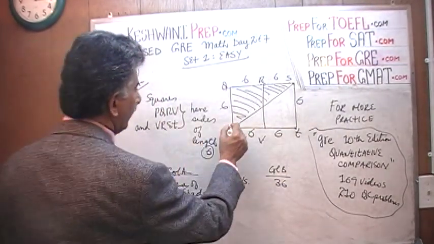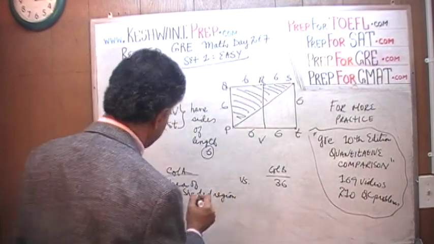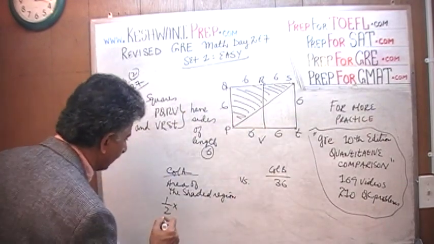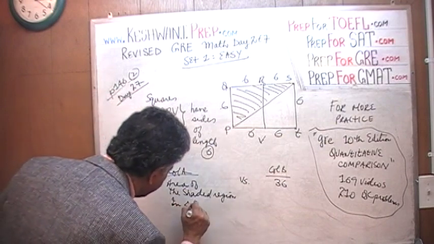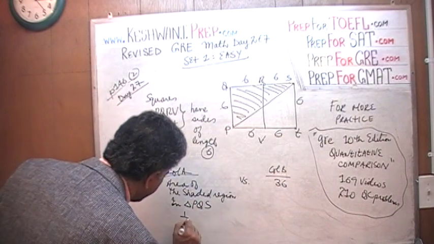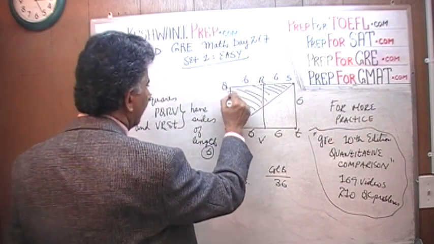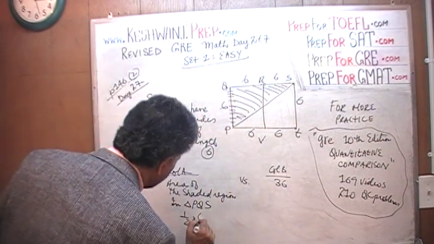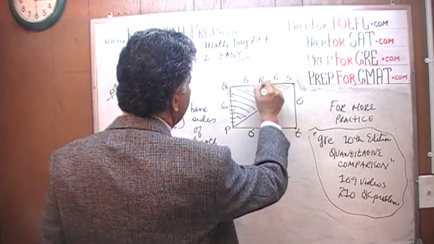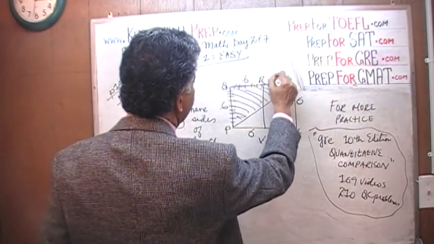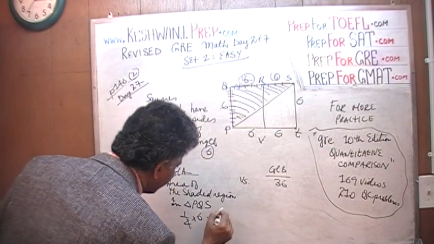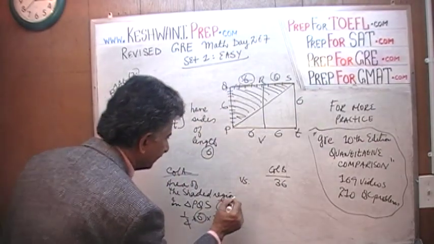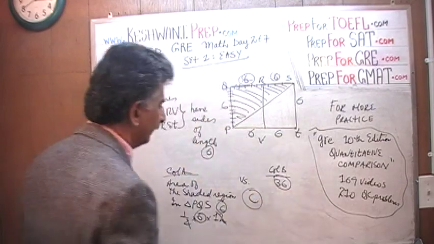So now we're looking at triangle P, Q, and S. In triangle P, Q, and S, we have 1/2. Base is this here, which is a 6, and the height is this right here, which is 6 plus 6, which is 12. And of course it drops out with 6, and 6 times 6 is just 36. This is also 36. The answer is C.